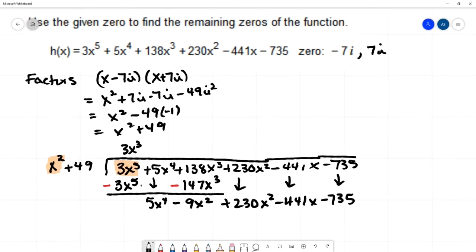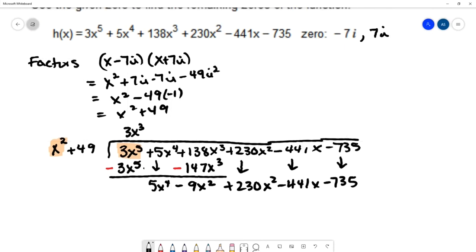Then I repeat that process over again. Now I'm trying to match this 5x to the fourth. So I will multiply by 5x squared. 5x squared times x squared is 5x to the fourth.